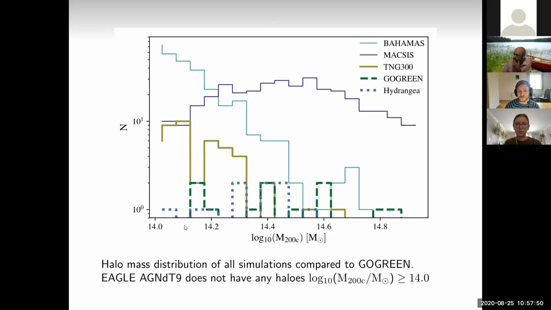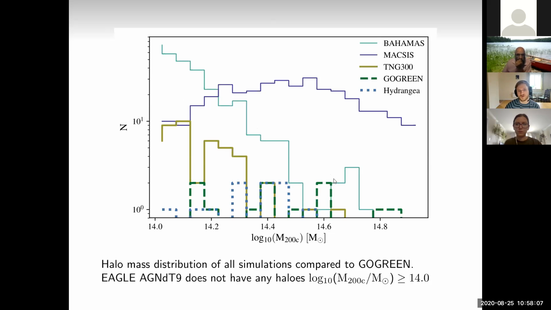sparsely distributed over this range. Some are really massive, and Bahamas has this distribution, so it runs out of really massive halos. But if I supplement it with maxes, there are really quite a few to choose from.